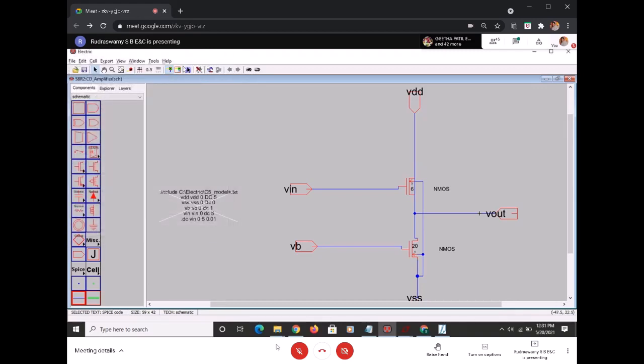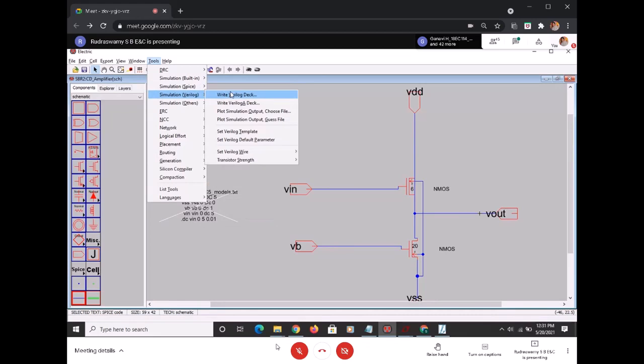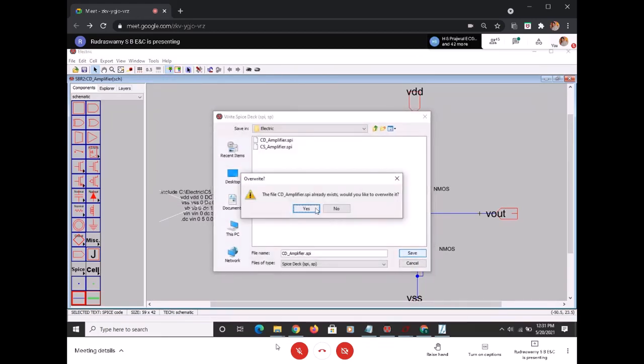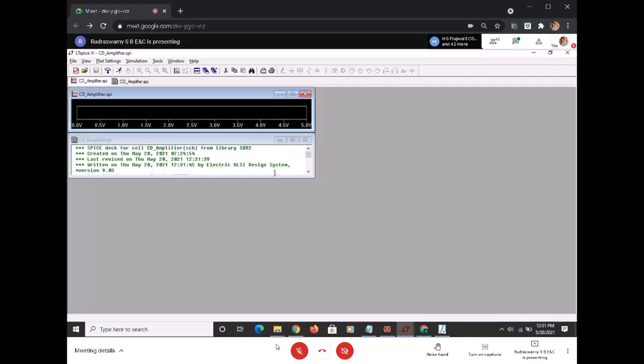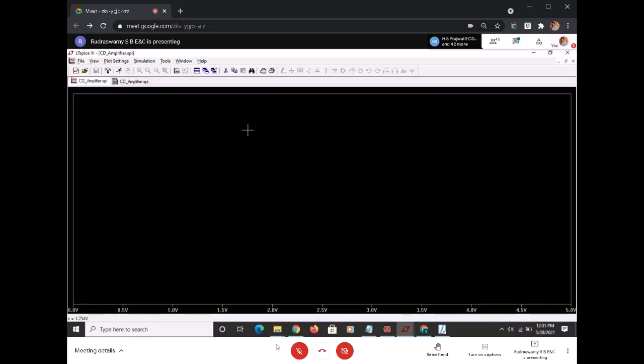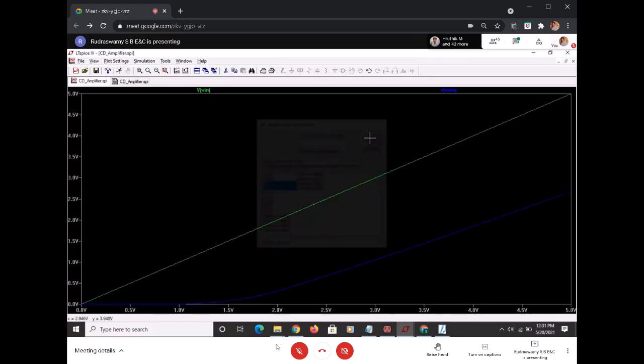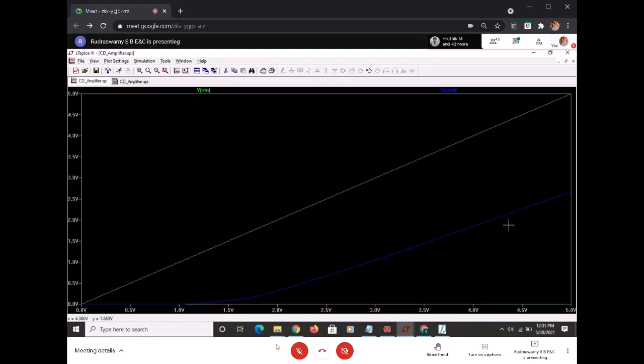Let's see what really happens now. Save yes. Visible trace: you can just go with V in, V out. Say okay. We are almost getting the same as before. Not much change from 0.8 to 1.